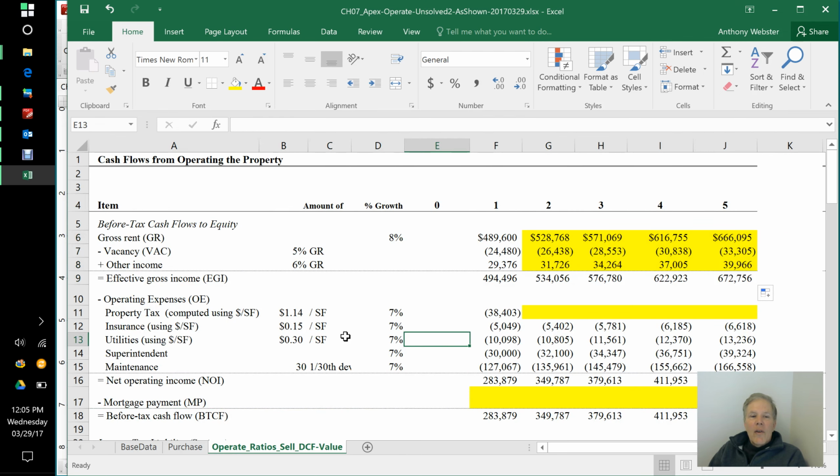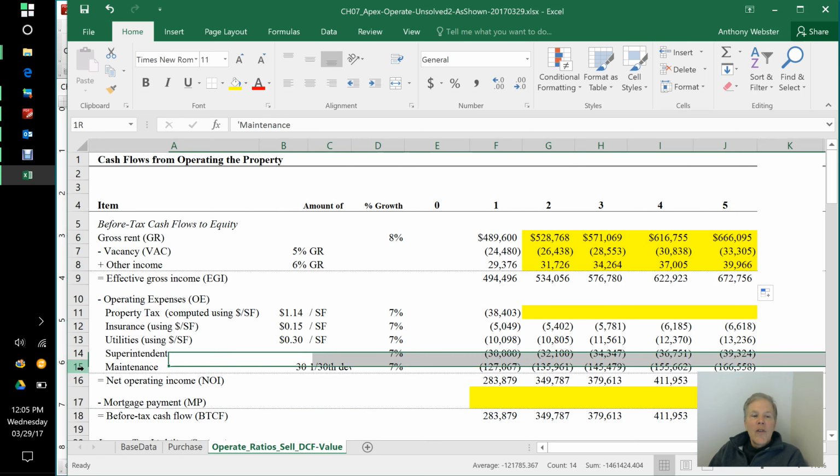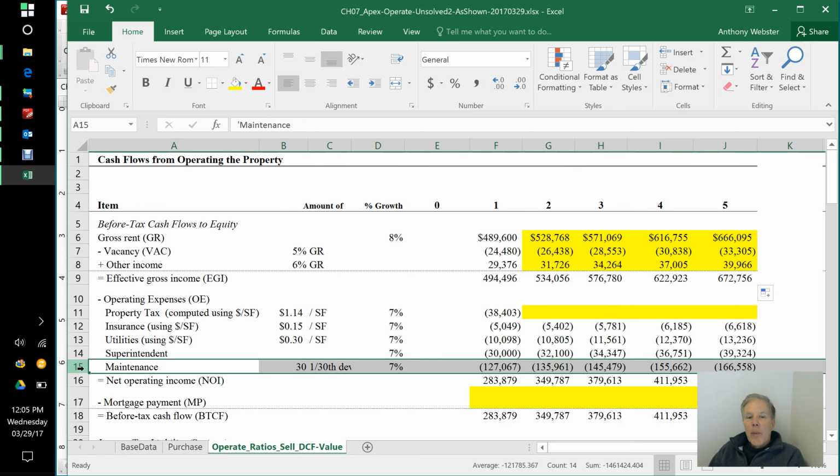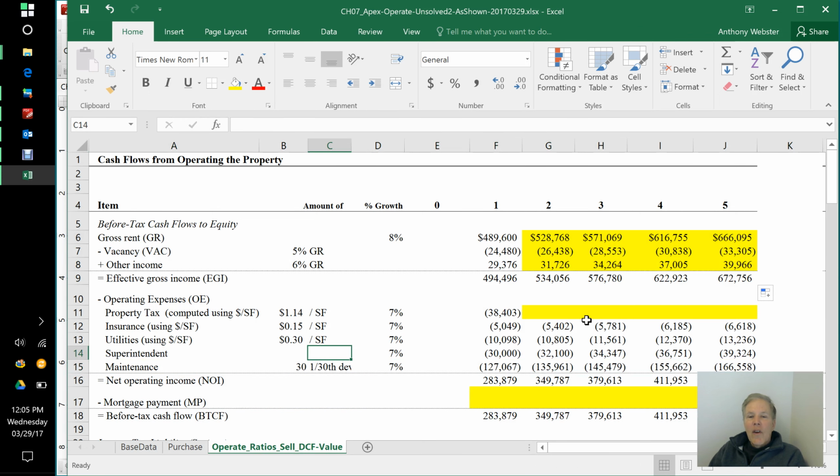Okay. All right, so now on to the operating expenses we need, including the non-CapEx maintenance here. And I'm not going to do all the numbers for us, but I'm just going to do property tax. All the other numbers work pretty similarly.